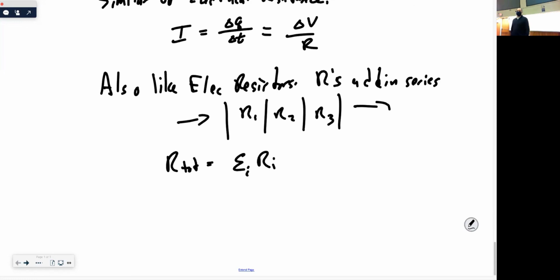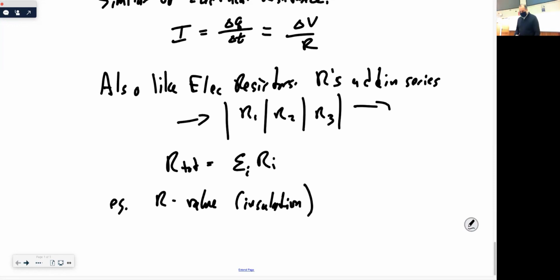You will come across a unit there called R value. You might see, oh, our R value for this insulation is 3. Our R value for this insulation is 5.